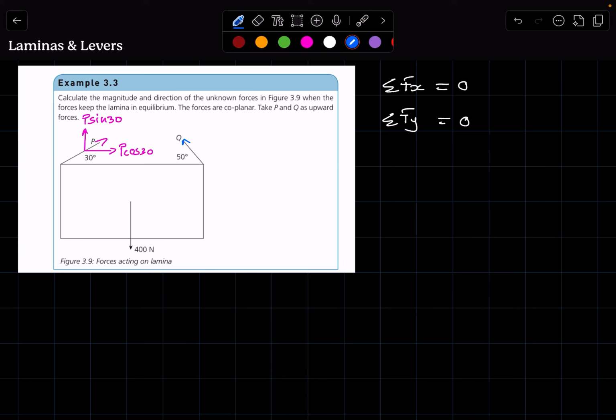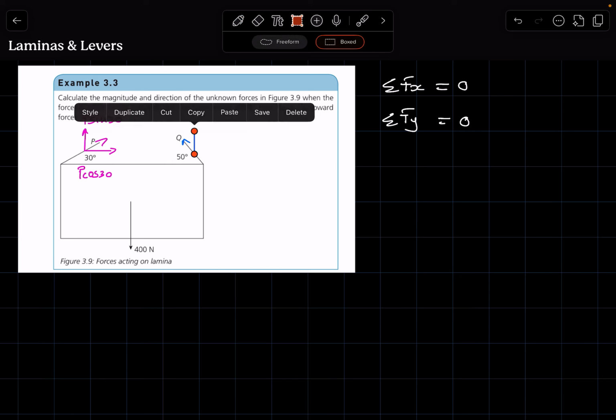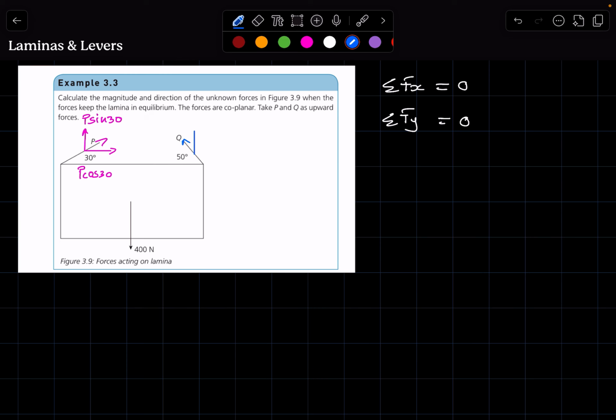And then we're looking at Q. With Q, let's create some space here. Here you'll have the vertical component headed in that direction and the horizontal component headed in that direction.